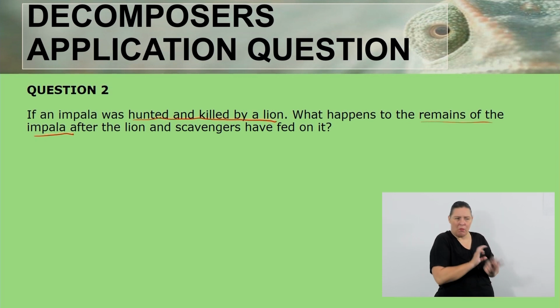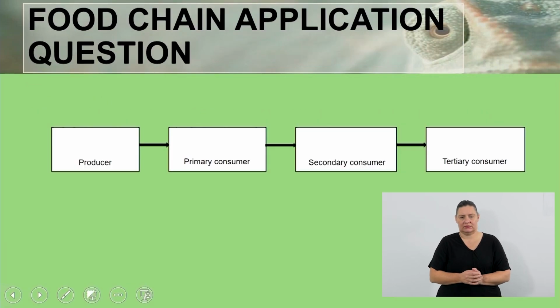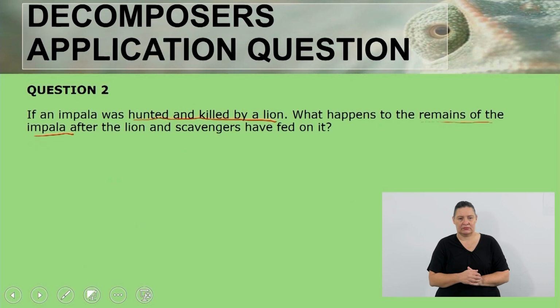So this impala was killed by the lion, which then fed. After that, scavengers came, they also fed, and now there's remains of the impala. What happens to them? Well, what happens is that we are going to see decomposers playing their role here.